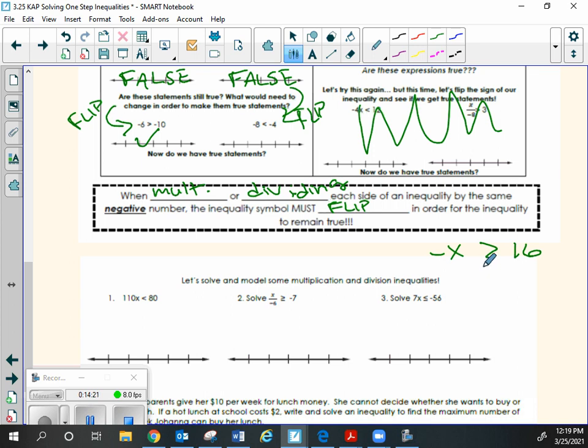So you could do the flippy thing that we talked about with equations, but I like to think, what coefficient could I write there? I could put a 1. So it's -1x is greater than 16. What would I need to do to get x by itself? Divide by -1. That would flip the sign, and it'd be -16.